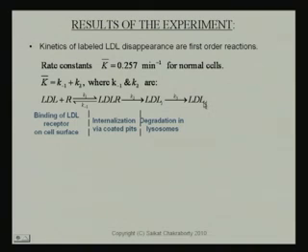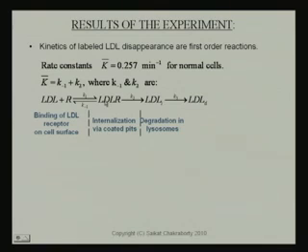That is the terminology, and that is what we will continue to use for the rest of this chapter. So, remember, LDL is the ligand, R is the receptor, LDLR is the complex, LDLI is the internalized complex, and LDLD is the degraded ligand.